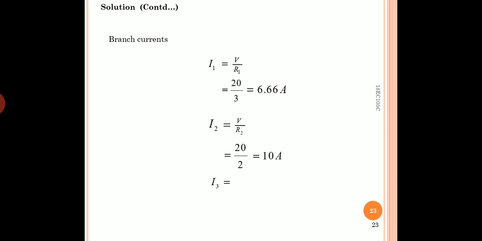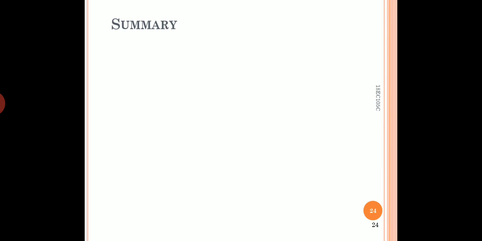And similarly current I3 is equal to V by R3, that is 20 by 5 ohms, so that gives us a value of 4 amps. So these are the three values that we need to calculate as per the question or the problem asked for.